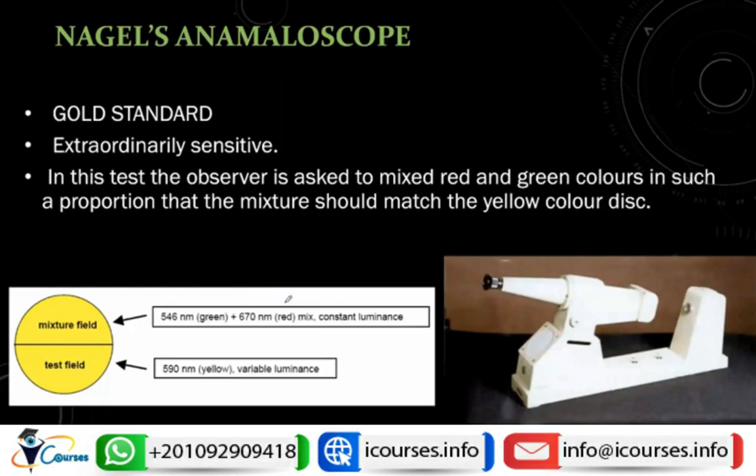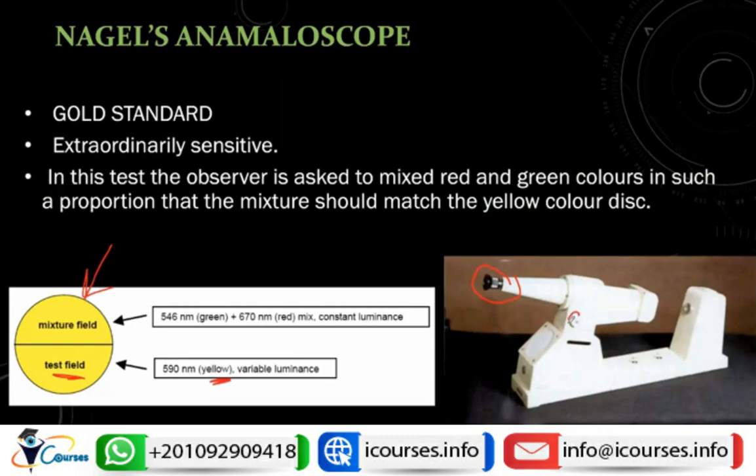The gold standard for diagnosis of color vision defects is called the Nagel's anomaloscope. The Nagel's anomaloscope is a device, as you can see here, that looks like a microscope. So the patient looks through this eyepiece, and he will find a circle that is divided by a horizontal line. The lower half will be yellow, for example, and this yellow color has a wavelength of 590 nanometers, so this is called the test field.